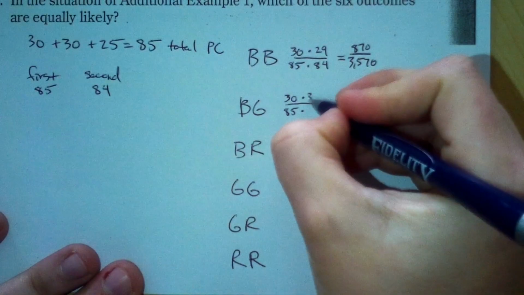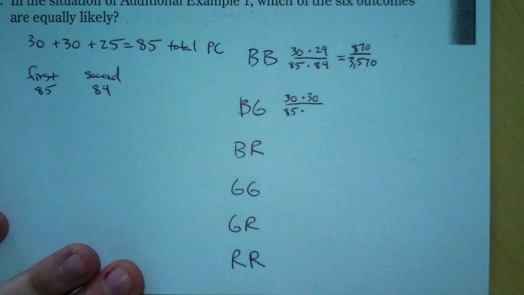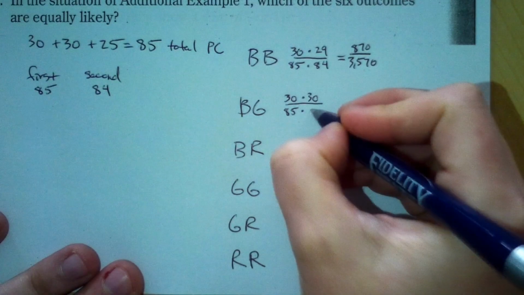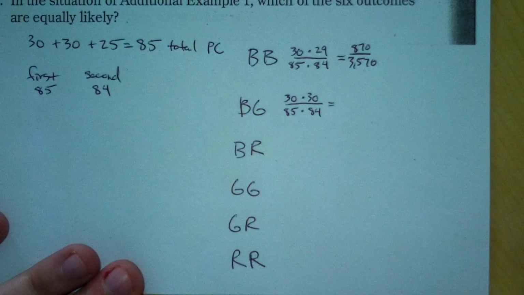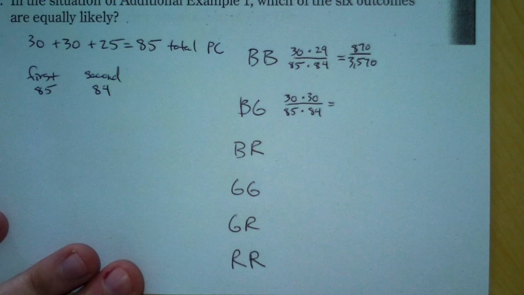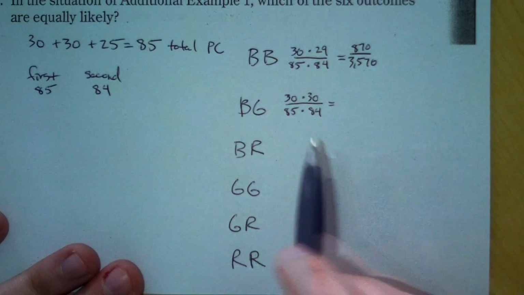And then green-red would be 30 for the green again, 85 for the total. And red wouldn't affect our green number at all, right? So our red one would just be as is, so 25 out of 84. 30 times 25, 750 out of that 3,570.